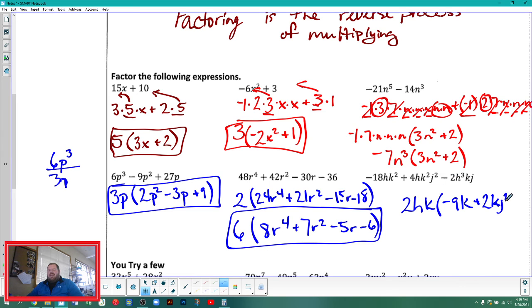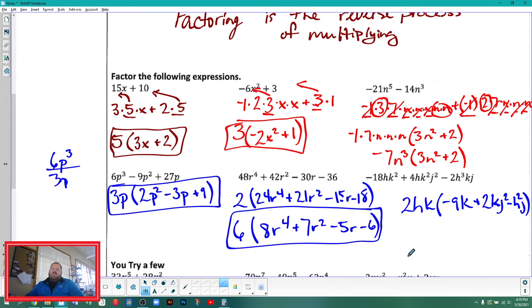And then I'm taking that 2 out, taking one of the H's out and one of the K's out, so I have H squared times J. And so that's all I can do.